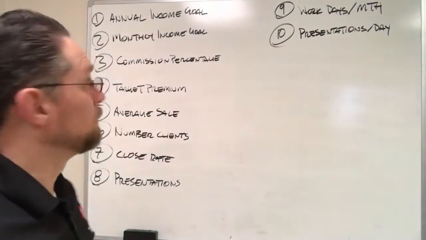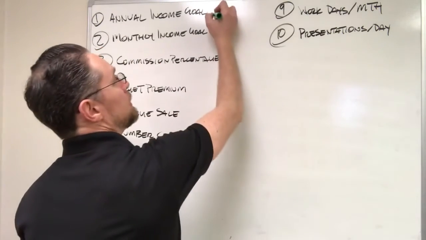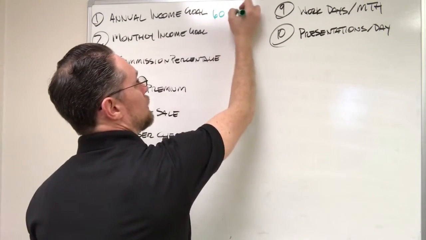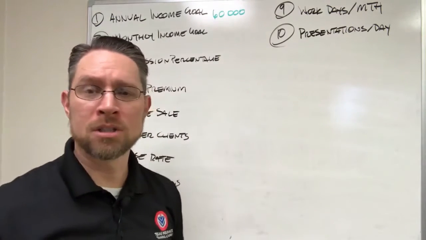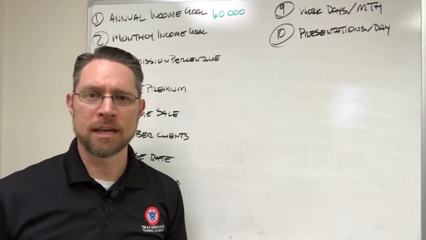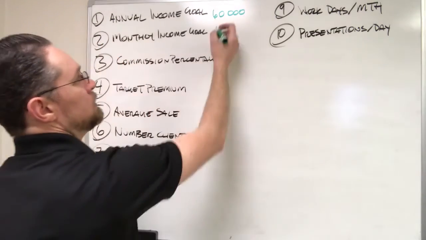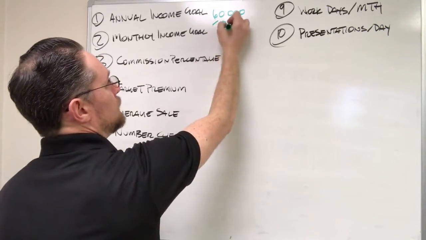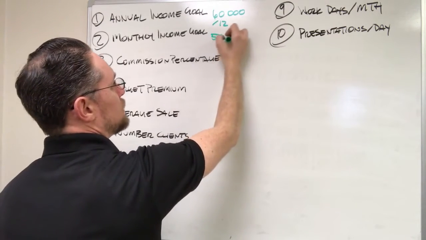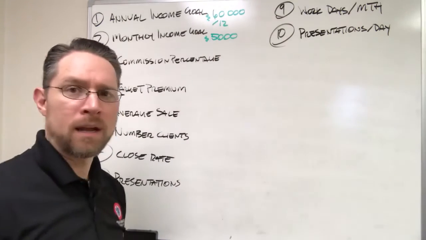I'm going to give you an example of someone who wants to earn $60,000 in a year. But the math works regardless of what your income goal is. I'm just going to show you the example. Plug in your own number from there. So 60,000 over 12 months is going to be $5,000 per month.